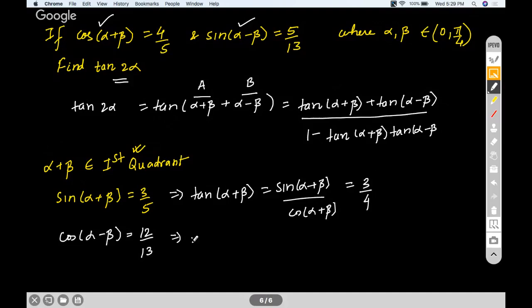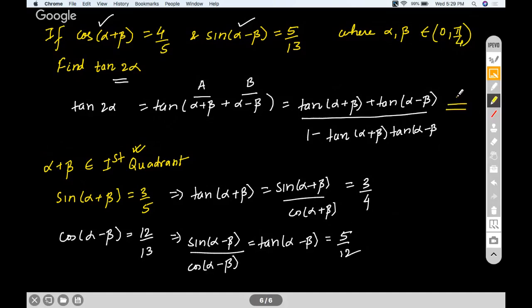And here I can write sine alpha minus beta by cos alpha minus beta. That is going to be tan alpha minus beta, and I can write this as 5 by 12. Once I know these values, I can directly substitute over here.